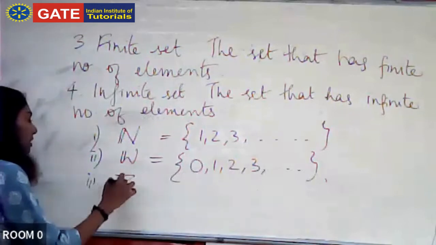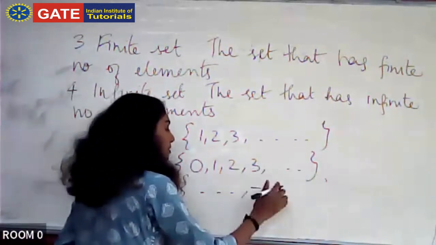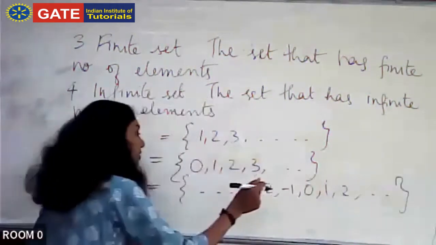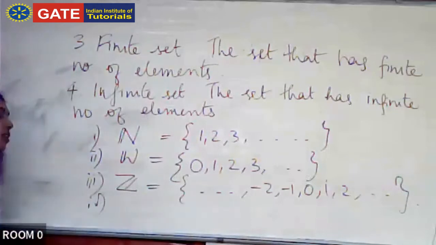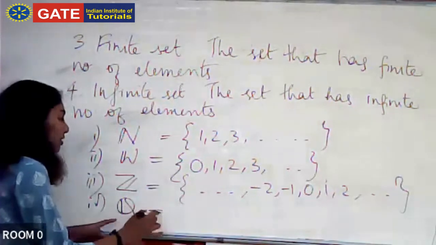Then next comes the set of integers. After integers, what is the next set of numbers? Rational numbers, yes. Rational numbers, we denote it as Q.